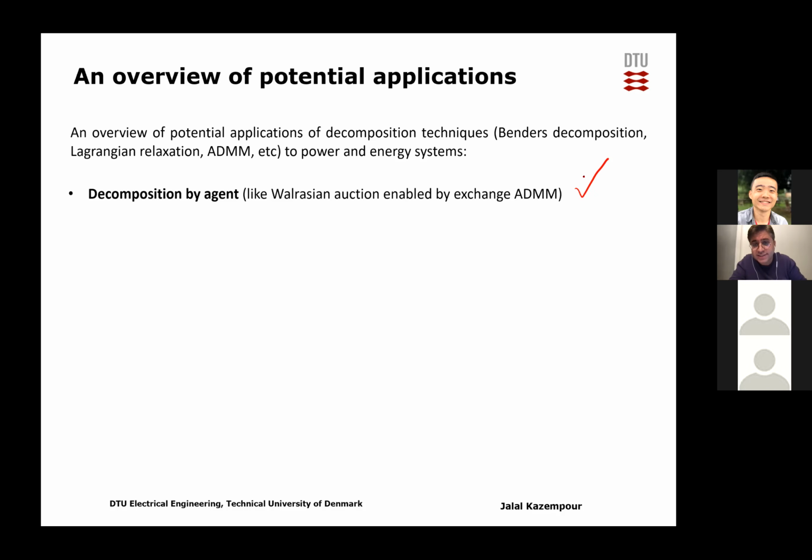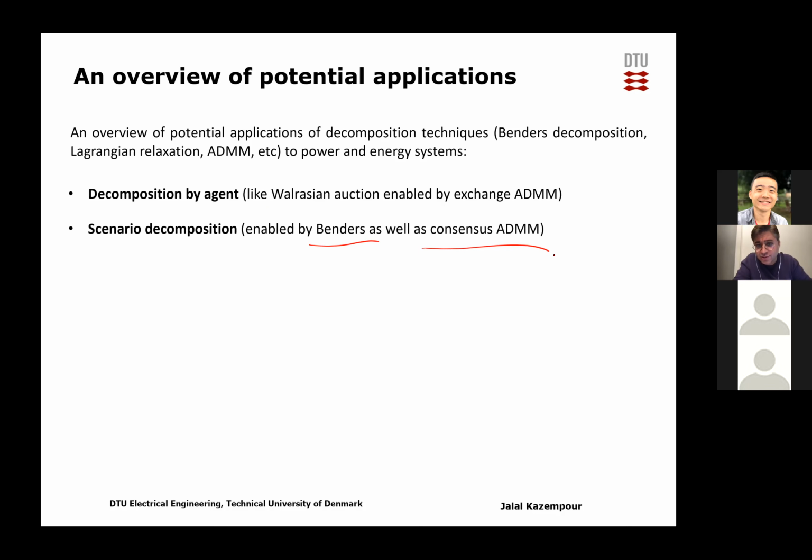You can either decide to decompose your problem by agent, like Walrasian auction, and we can do it by exchange ADM. And remember, if you manage to solve it, if you have a transmission system operator, your grade will be amazing. That's our deal. Your second option is to decompose your problem by scenario. And you can do it either by Benders or consensus ADM, at least.